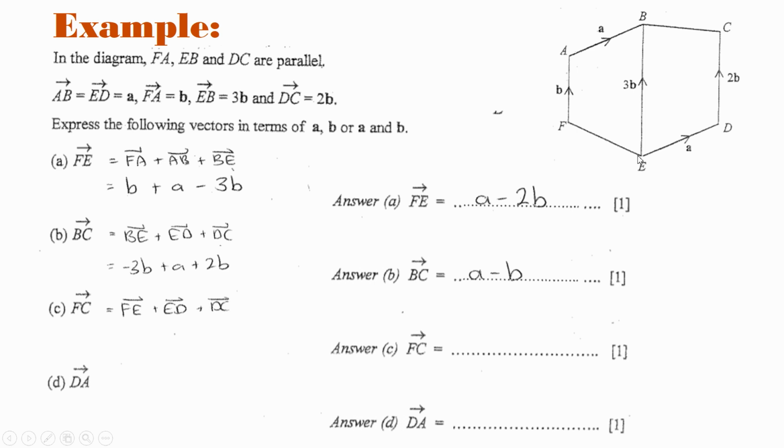The path I chose to take is FE plus ED plus DC. That's my choice. FE is this one, A minus 2B. So we've got A minus 2B plus A plus 2B. It's all going with the arrows. A plus A is 2A, and minus 2B plus 2B cancels out. There you go, you've got 2A.